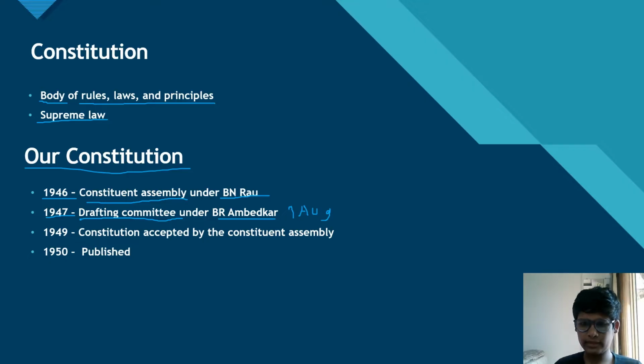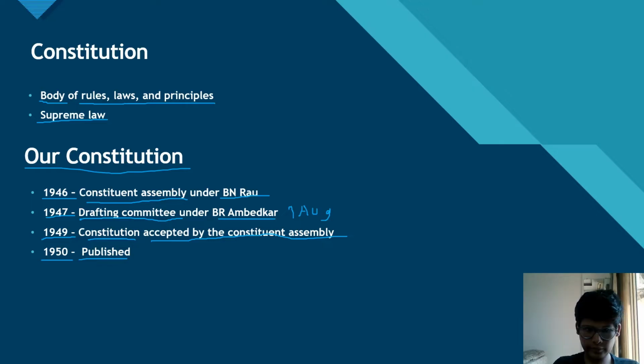Then we have the third one. In 1949, the Constitution was accepted by the Constituent Assembly. After the drafting committee had made their changes, the Constitution got accepted in 1949, 2 years later. And then in 1950, the Constitution was published.